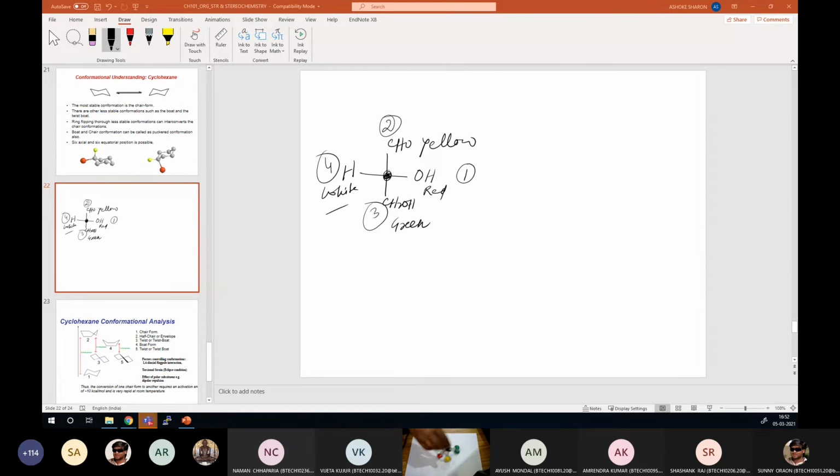Whatever way I want to superimpose, it cannot superimpose on each other.